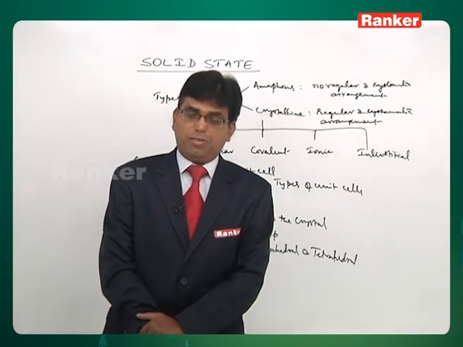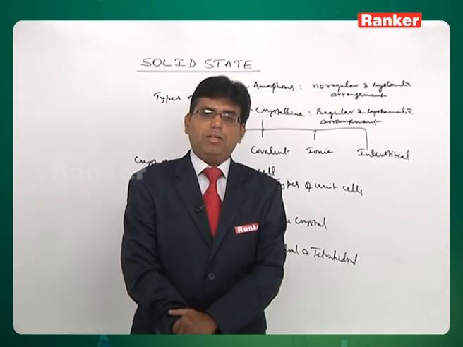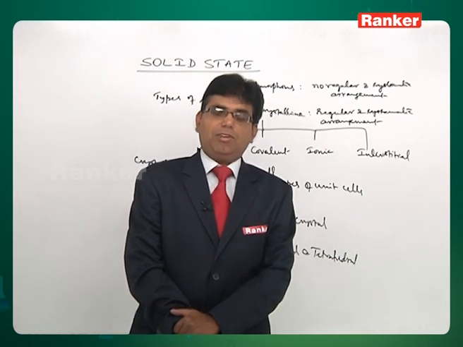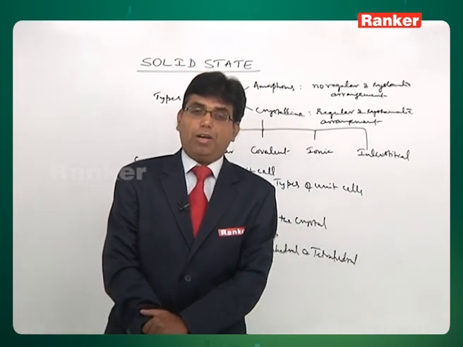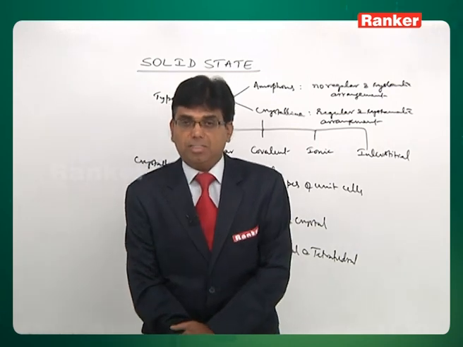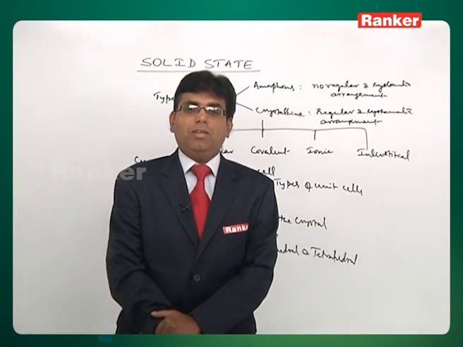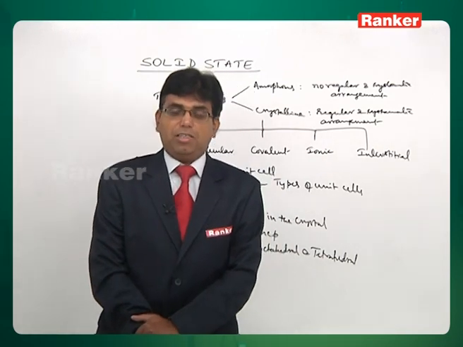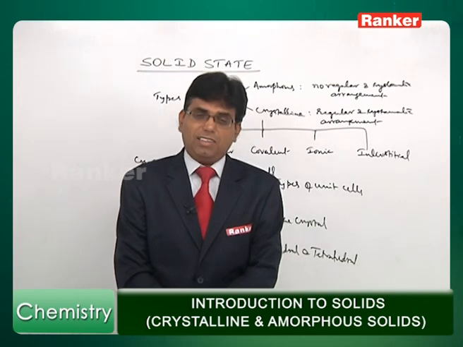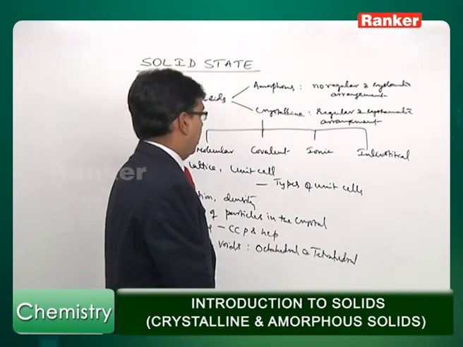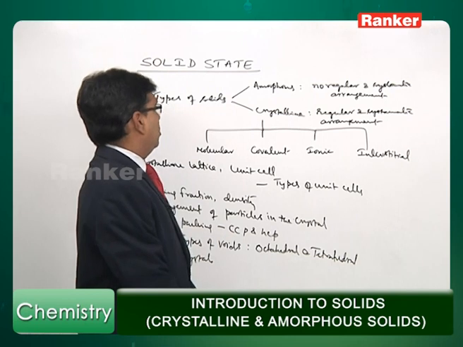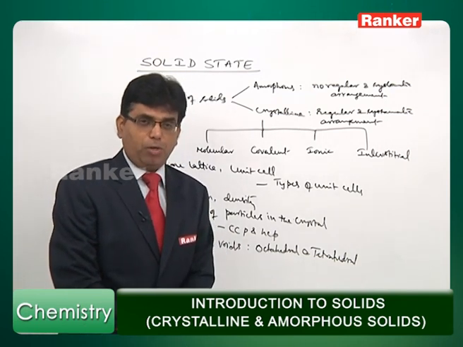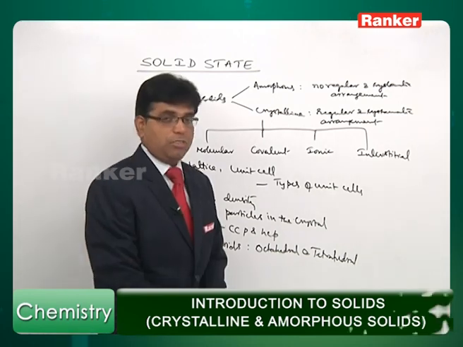Whereas if you take amorphous solids like amorphous boron, amorphous silica, even glass, which is a supercooled liquid, we consider it an amorphous solid. It is not a crystalline solid. It will not melt at one particular temperature. Different parts of the glass will melt at different temperatures. So crystalline solids possess sharp melting points, whereas amorphous solids do not.